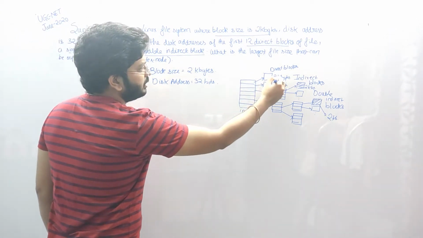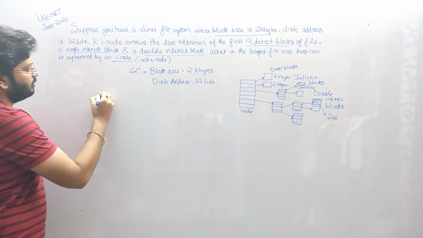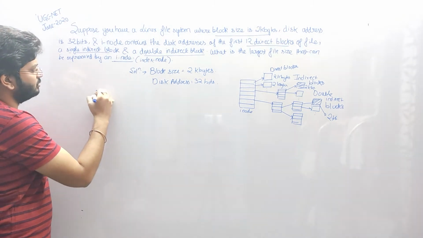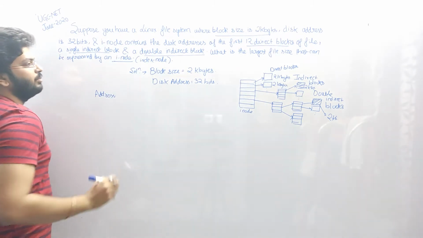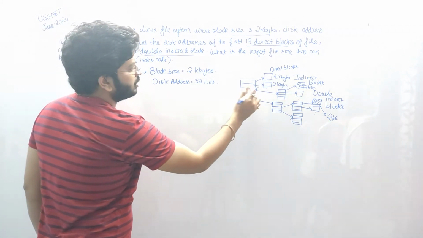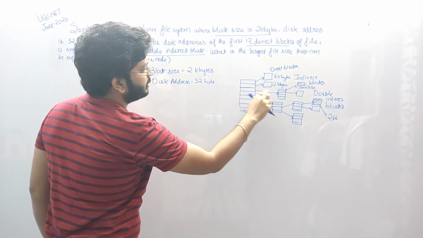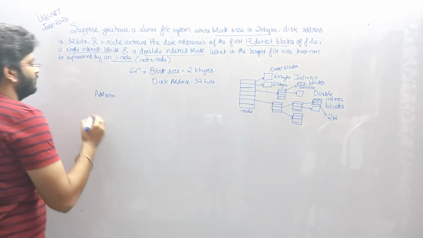So here are 2 kilobytes, 12 of 2 kilobytes. Now let us find out the address. This block. Now let us take the example of this block. This block is pointing to one indirect block.